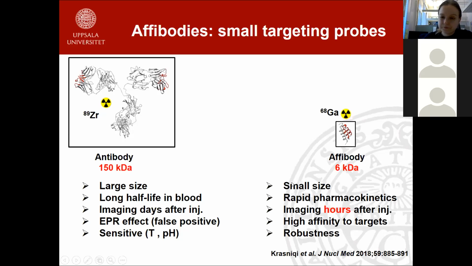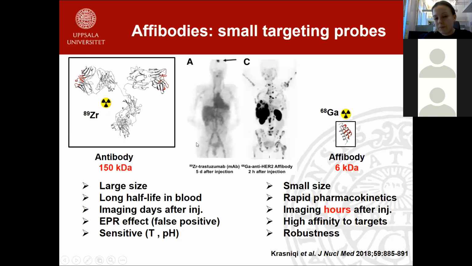But we work with antibody-like molecules which have a small size, they have super fast kinetics, they are excreted from the blood in minutes or in hours, so we can do imaging with very high contrast just hours after injection. And they're also very robust. They usually tolerate high heating, which means that we can use a lot of different labeling methods and not worry that we will destroy our targeting protein.